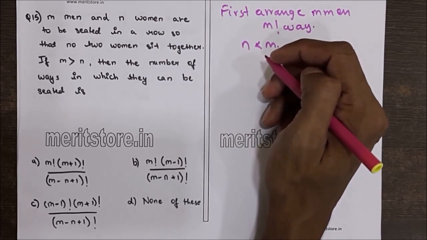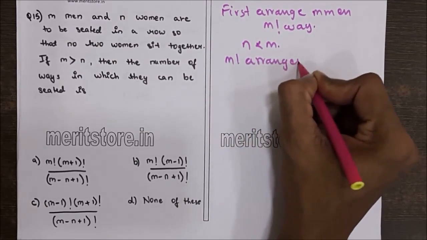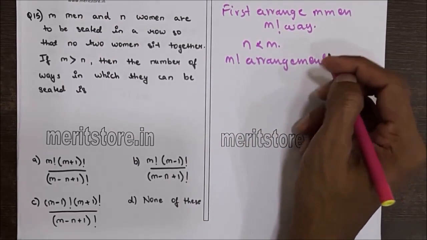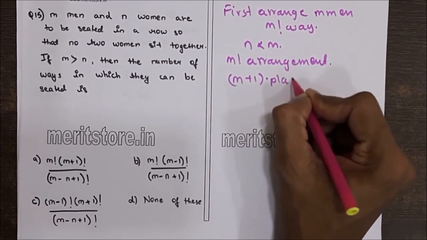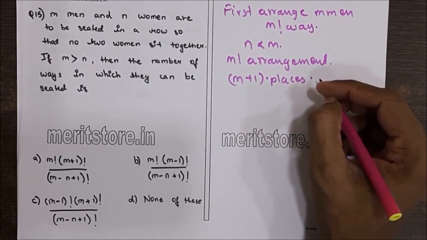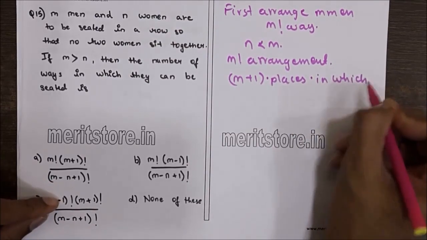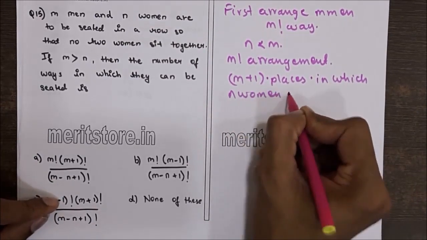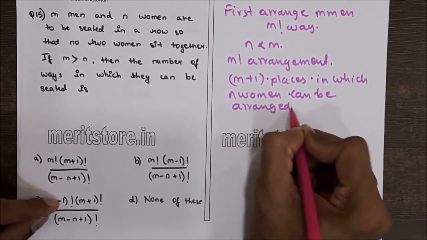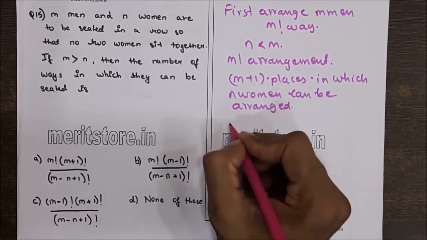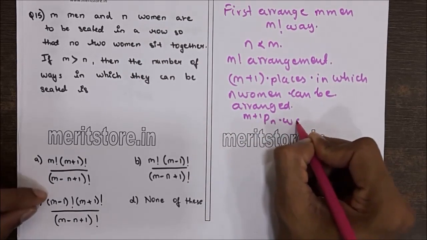In any of the M factorial arrangements, there are M plus 1 places in which N women can be arranged, where we can write this as M plus 1 P N ways.